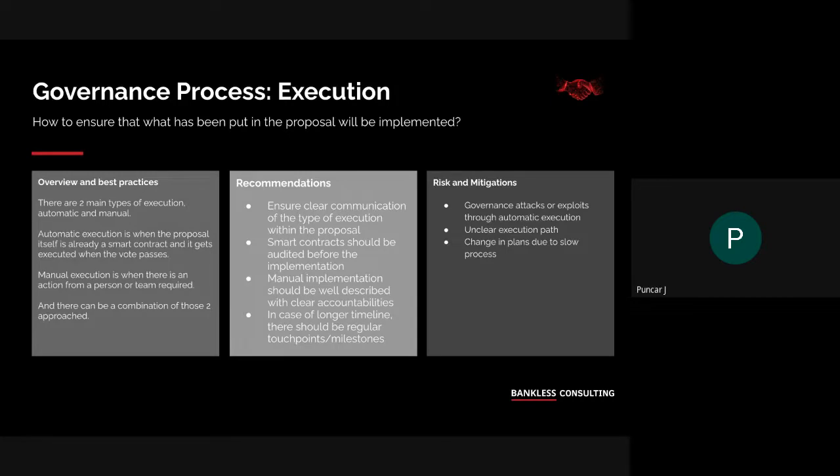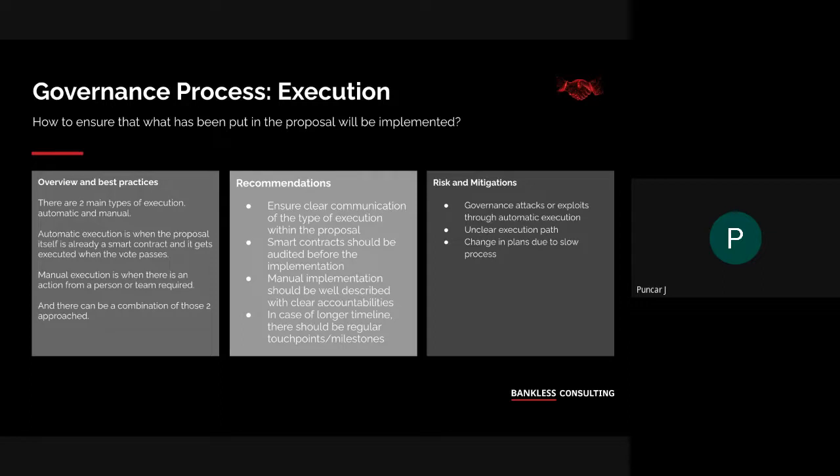I don't like the off-chain and on-chain distinction because I don't think it's accurate. But what automatic means, and mostly it's on-chain, is that the proposal gets automatically executed without any involvement of any person.